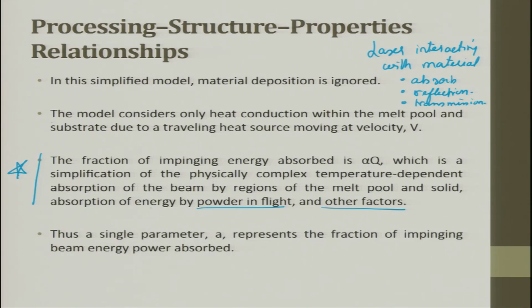The laser, when it interacts with material, can undergo anything: it can absorb, it can reflect or it can transmit and go. So, we have to find out what is the ratio, and this absorptivity, the light interaction absorptivity, depends from material to material, it is not a constant, and it also depends on the wavelength of the laser. Thus, a single parameter A represents the fraction of impinging laser beam power absorbed.